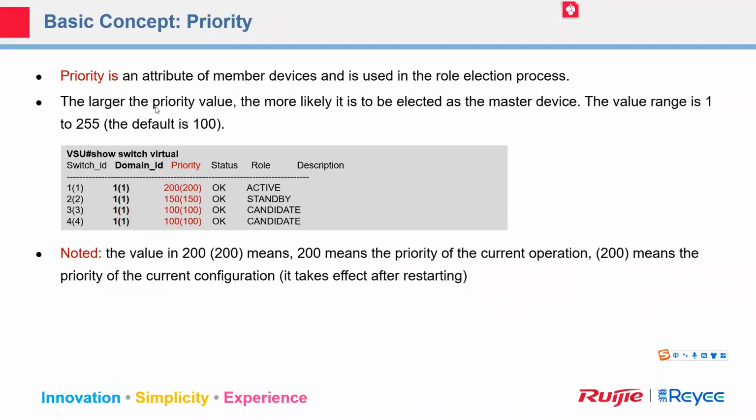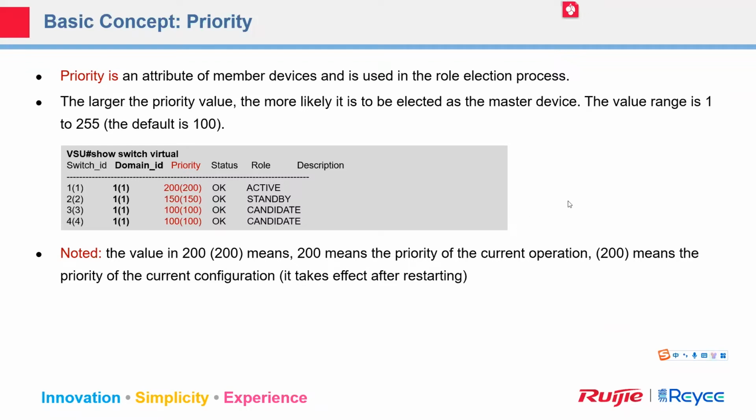And another one is the priority. The priority is used to finally select who is the master and who is the standby. And the range is from 1 to 250. The default one is 100. Higher is better. And when you use the command show switch virtual, you can see there are two priorities.